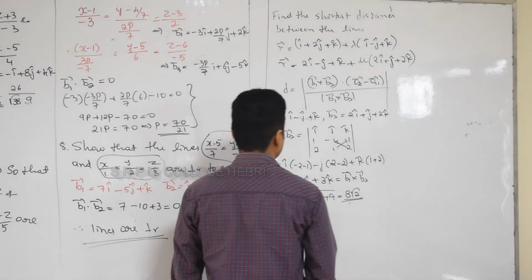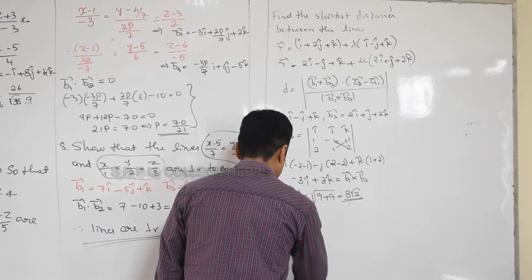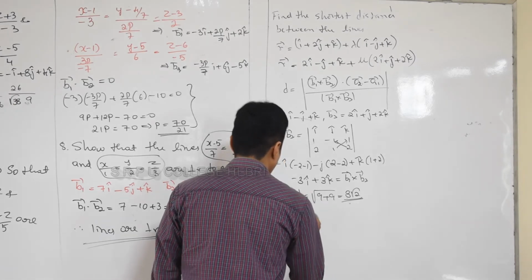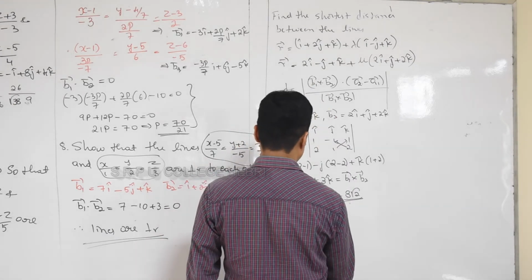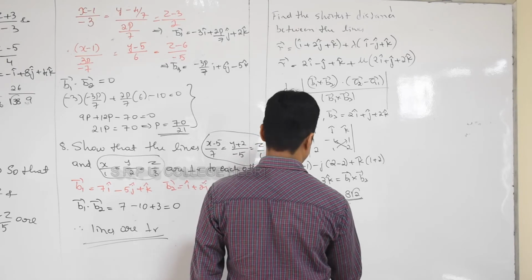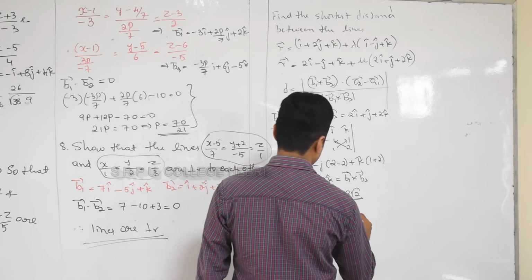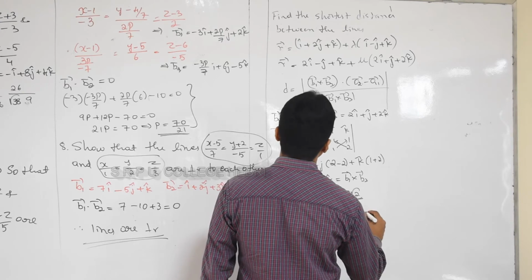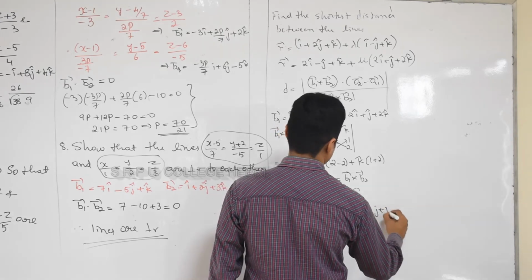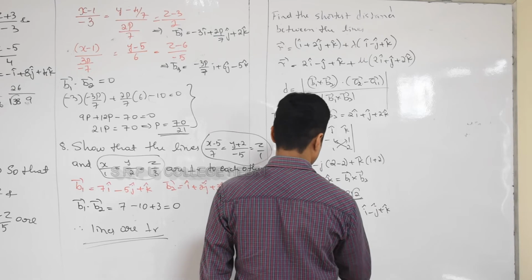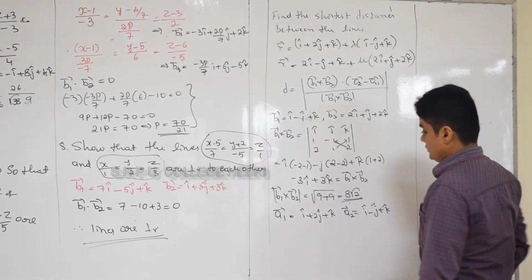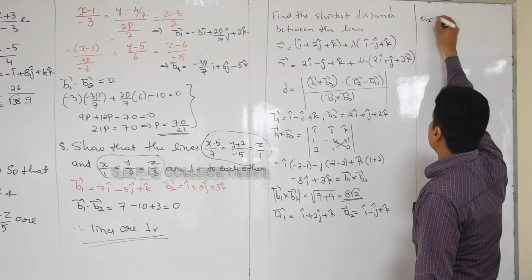Yes. Next, what do we need to find out? a2 minus a1. What is a1 first? Tell me a1 and a2. Here a1 is equal to i plus 2j plus k. This is a1. What is a2? a2 will be equal to i minus j plus k. Okay, this is a2. Correct? So now find a2 minus a1.